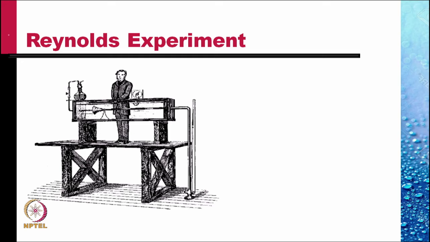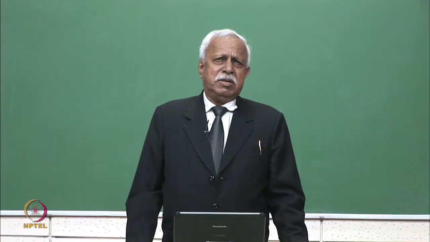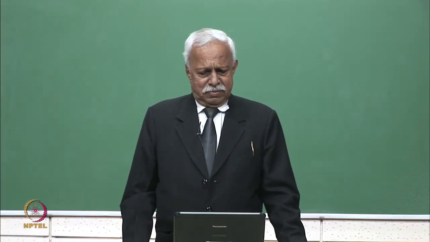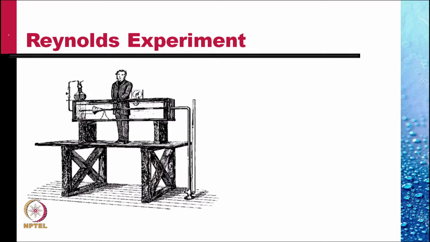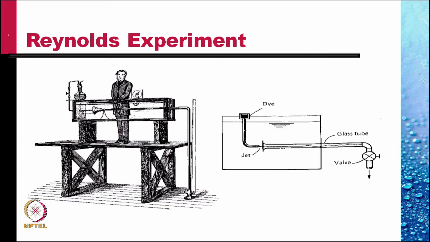So we need to worry about the pumping power required. The first reported experiments connected with the flow of pipes are due to Reynolds that we have discussed earlier. Reynolds, a British scientist, conducted experiments on a glass tube submerged in water through which the fluid, that is water, flowed through and the rate of flow was controlled by a valve.